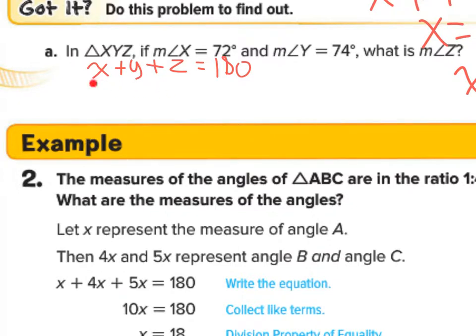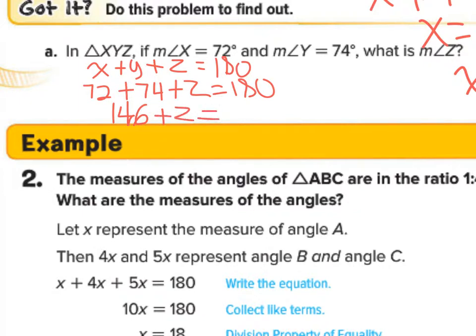So this is what you should have. X plus y plus z equals 180. Replace your variables. We have x equals 72 plus y equals 74 plus z equals 180. Now let's collect our like terms. Here we have 146. 72 plus 74 is 146, plus z equals 180.